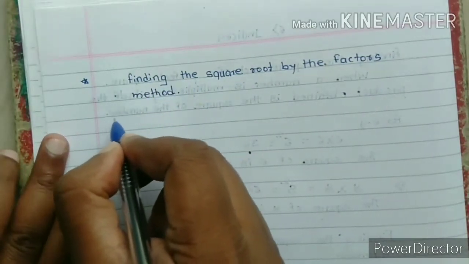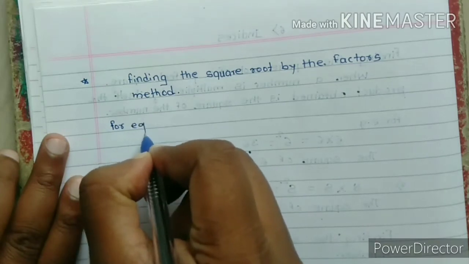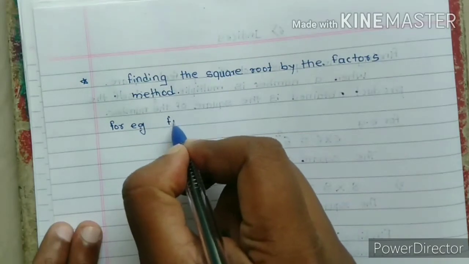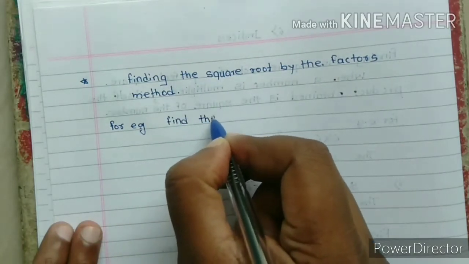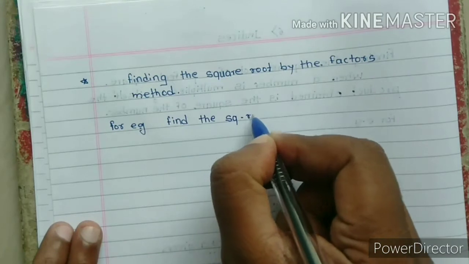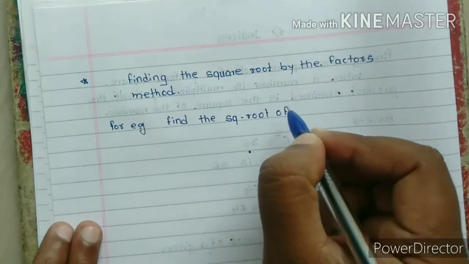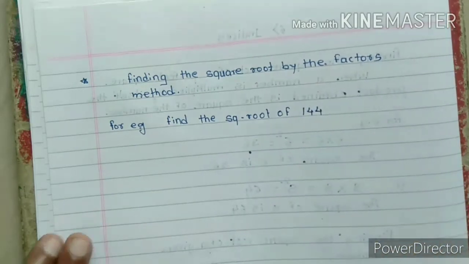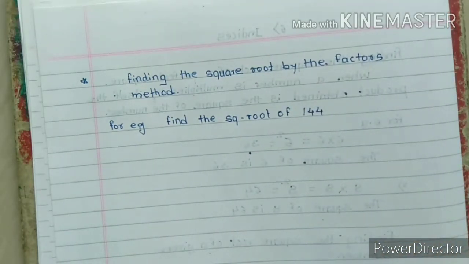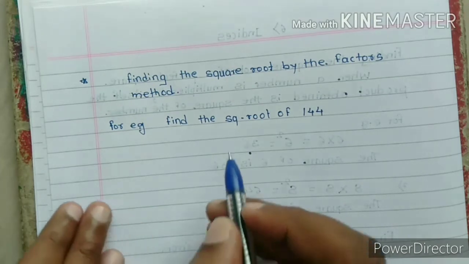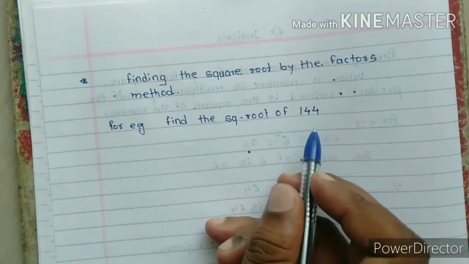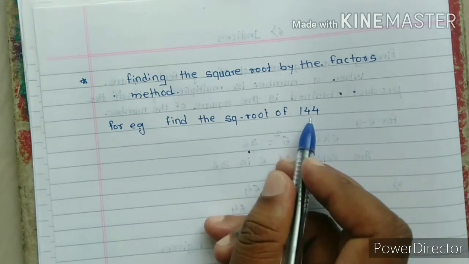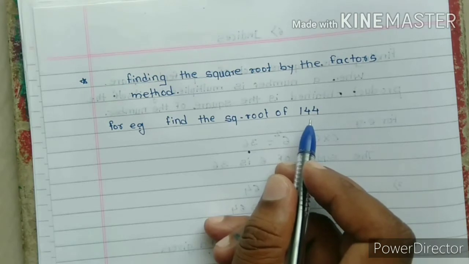For example, find the square root of 144. When finding the square root of a number, first find out the prime factors of the given number.